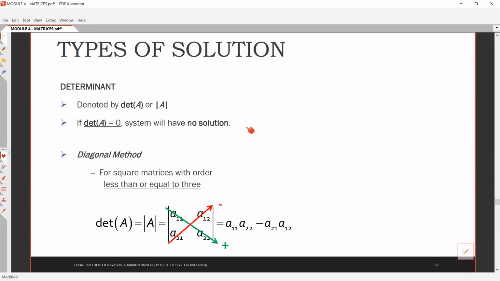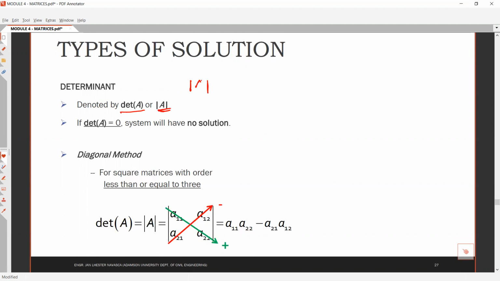Okay? So for the types of solution, we have the determinant. Okay? So for the determinant, denoted siya ng det of A. Or ganito. Pwede mo siyang i-write as ganito or the absolute value of the matrix. Or nakaganto. Hindi siya absolute value. Parang, di ba, absolute value notation is ganito, naka-open.